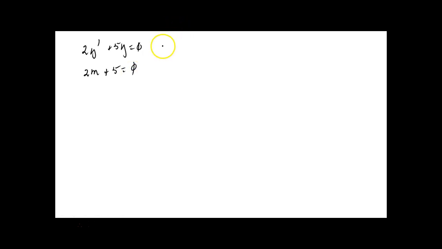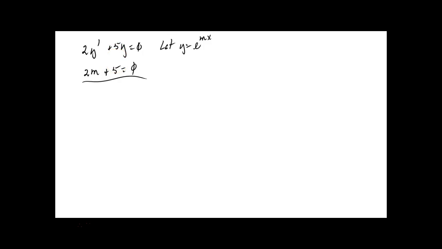If you want to, you can let y equal e to the mx, and then take the first derivative, plug it in, you're always going to get this equation. Okay? 2 times m plus 5 equals 0.